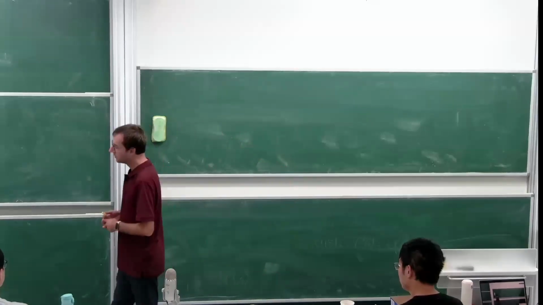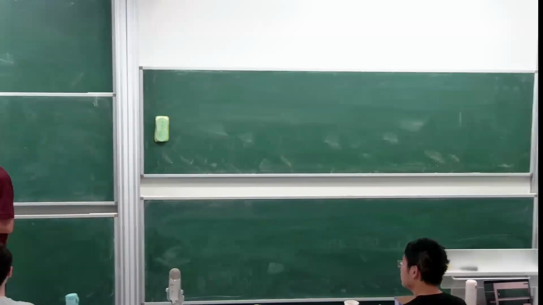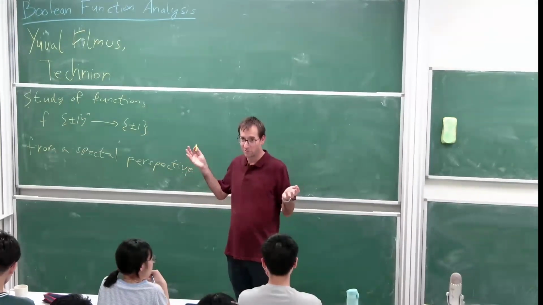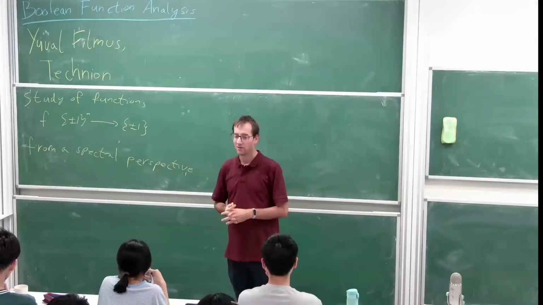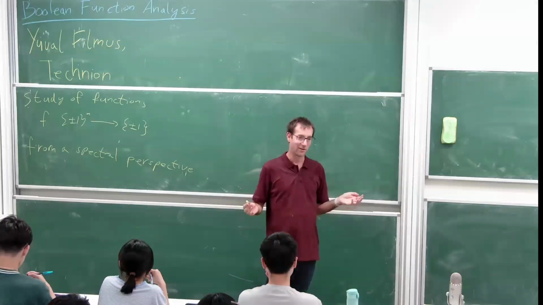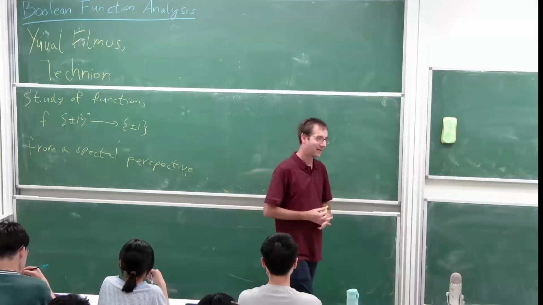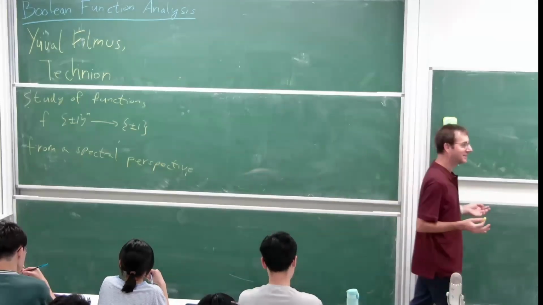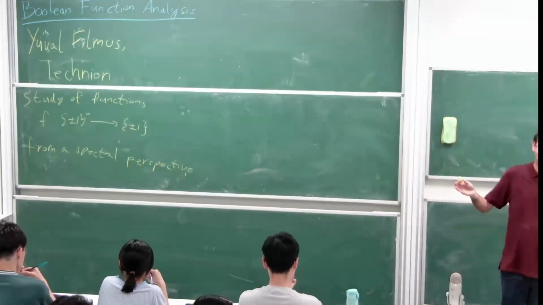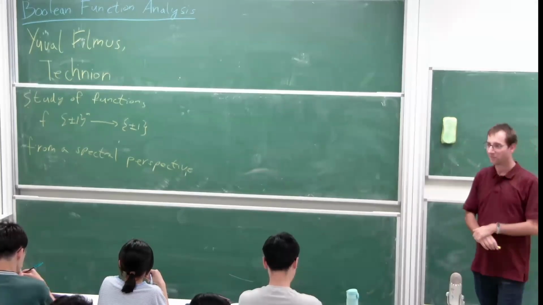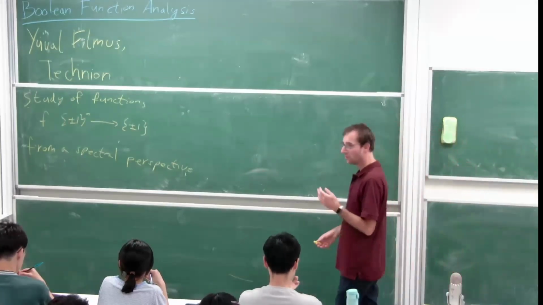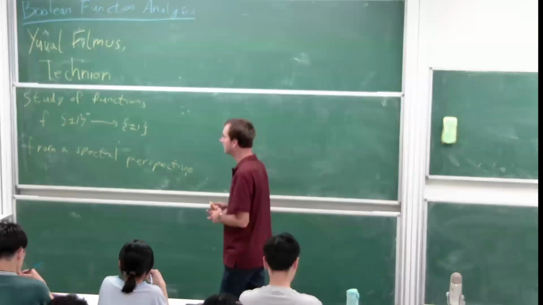Or in applications in theoretical computer science, f is a function that computes the output of a Boolean circuit, maybe. Or perhaps it's something having to do with error-correcting codes. Or maybe it's a graph property. So this is where these Boolean functions come from, and we want to know some structural information about them.